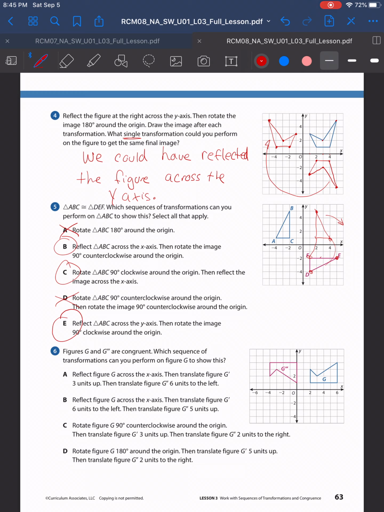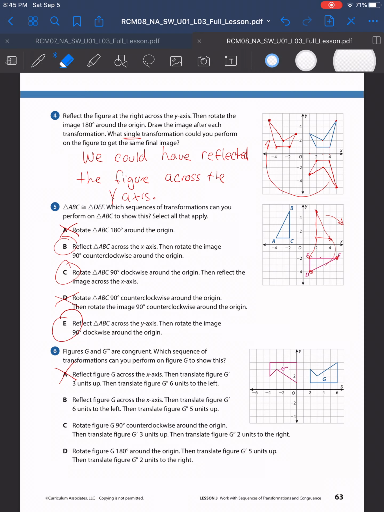If I were to reflect this, it would look like this. And then if I were to translate that 6 units up, no way would that land on G triple prime. A is out of here.